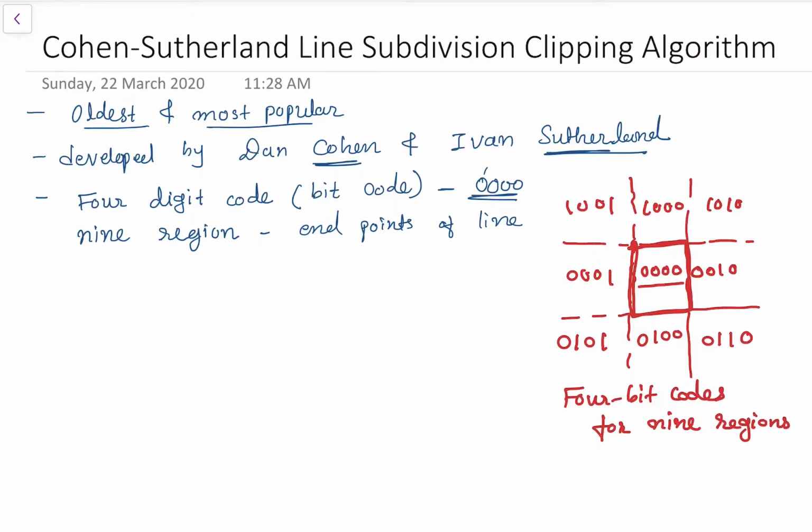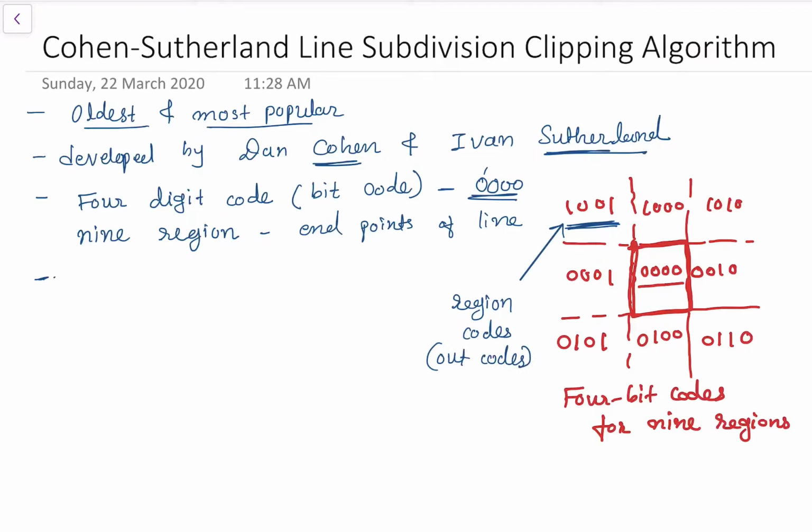First of all, these 4-bit codes are called region codes, or you can also say outcodes.